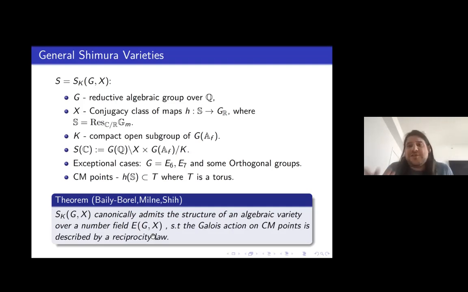And what do you want from this kind of model? Well, you want the Galois action on CM points to be described by a certain reciprocity law. Essentially, the subject came out of generalizations of complex multiplication, the formula for elliptic curves. People realized that the CM points, the Galois action on them, record certain class field theory mappings. And so that sort of motivated this whole theory.